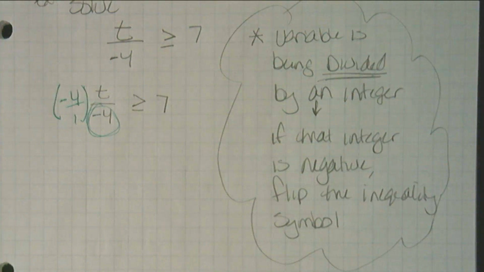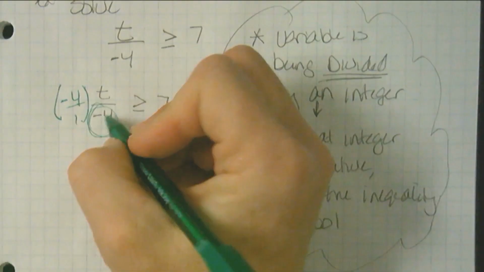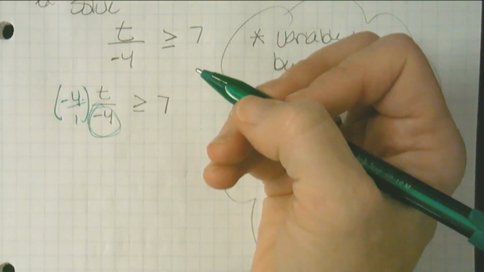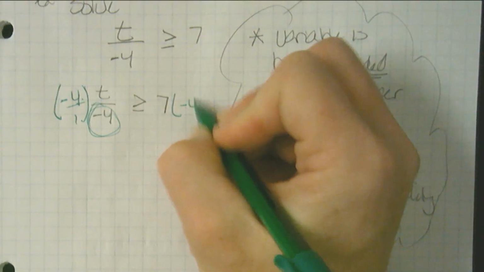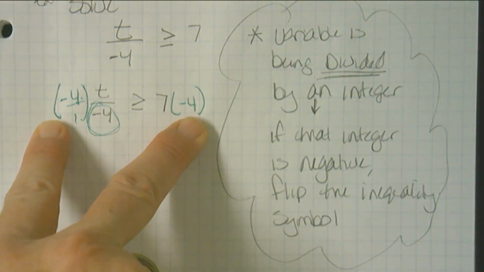The biggest mistake that I saw in last night's homework was that you weren't seeing that the coefficient was negative and you were multiplying or dividing by a positive one of those numbers. You can't do that. You want to undo that division by negative 4 completely, which means I have to multiply by exactly that same number, and I do that on both sides. Please show multiplication next to your numbers.